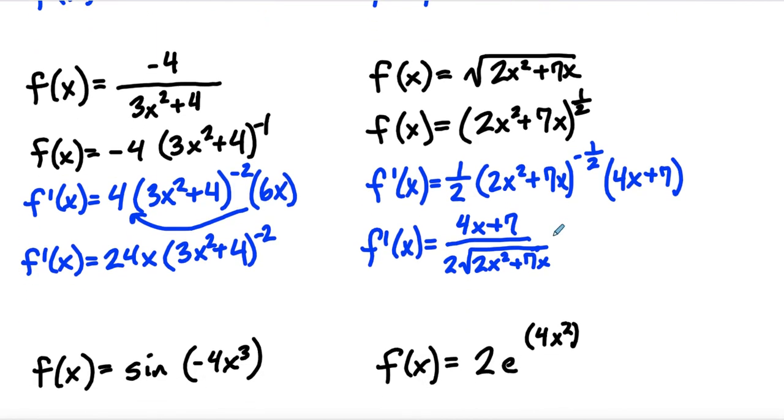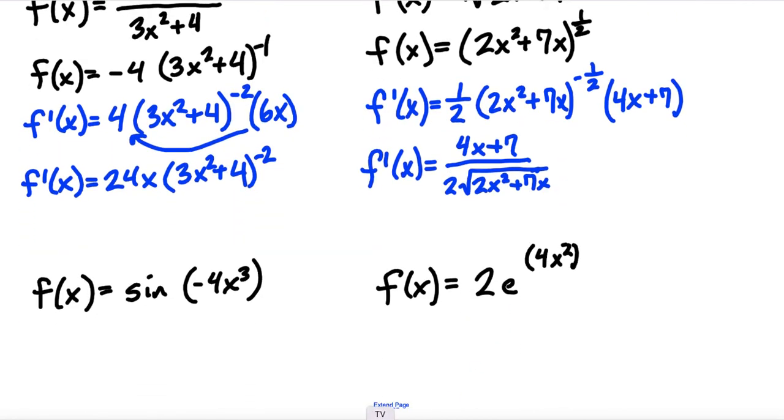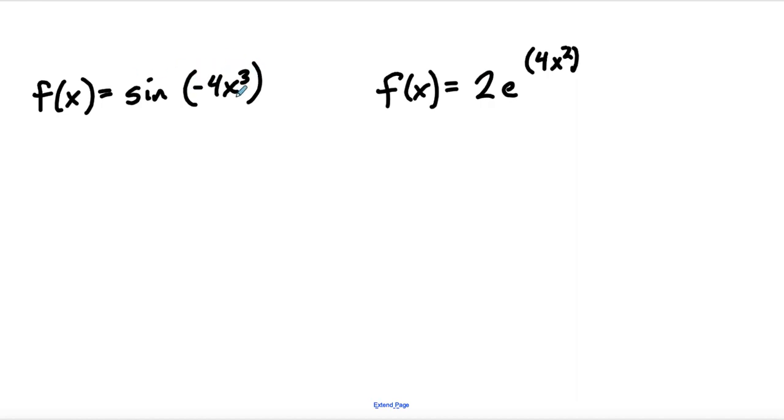Okay, let's look at a couple special cases here. This is still the chain rule, but now we have some special cases of derivatives where we're using trig and then e to the x. Okay, so let's start with this one. Well, I know that the derivative of sine is just cosine, and now, just like before, I'm not going to touch anything on the inside, and then I'm going to take the derivative of what's inside the parentheses.